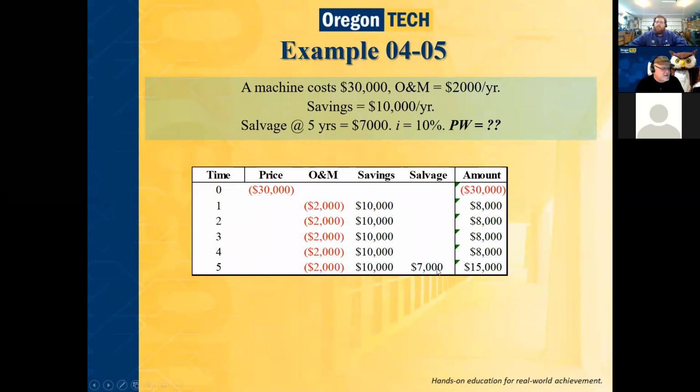And at the end of the year, on year 5, you get your savings, but you also get to sell the machine for scrap for $7,000. So that gives you basically this last column, the amount column: $30,000 outflow initially. You get a net of $8,000 a year for 4 years, and then $15,000 last year because you have your $8,000 savings plus $7,000 by selling it for scrap. And that's how I come up with this amount here.